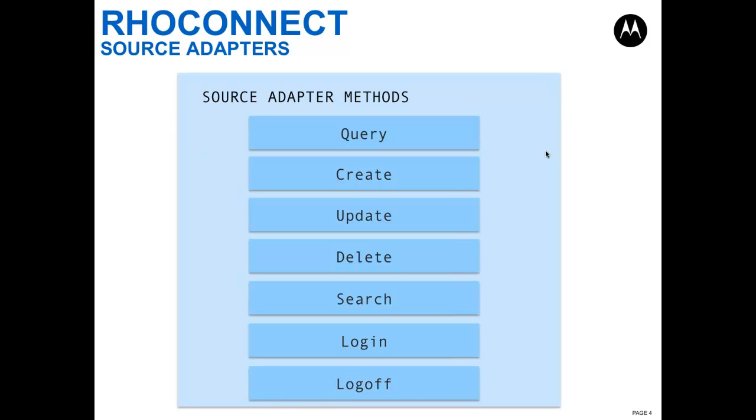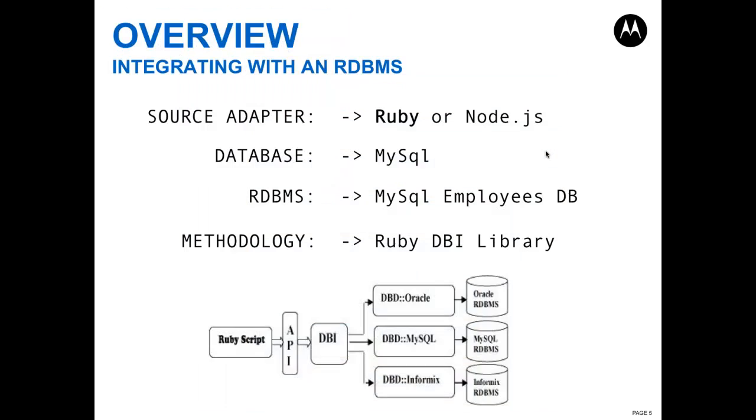Those source adapter methods include query, create, update, delete. In fact, we also have search methods and login and logoff methods. We're going to take a look at source adapters very closely in a little bit, but this is a list of standard methods that we have available to you in source adapters.